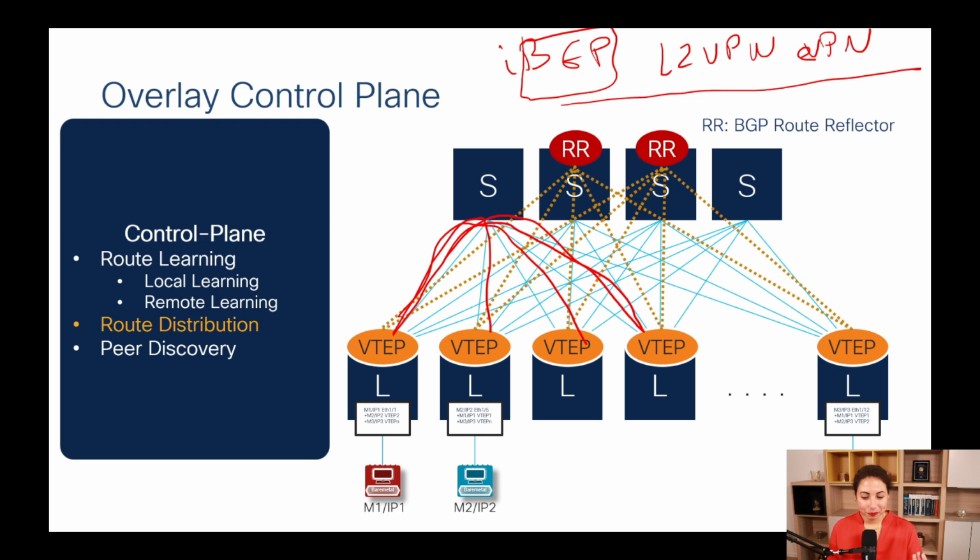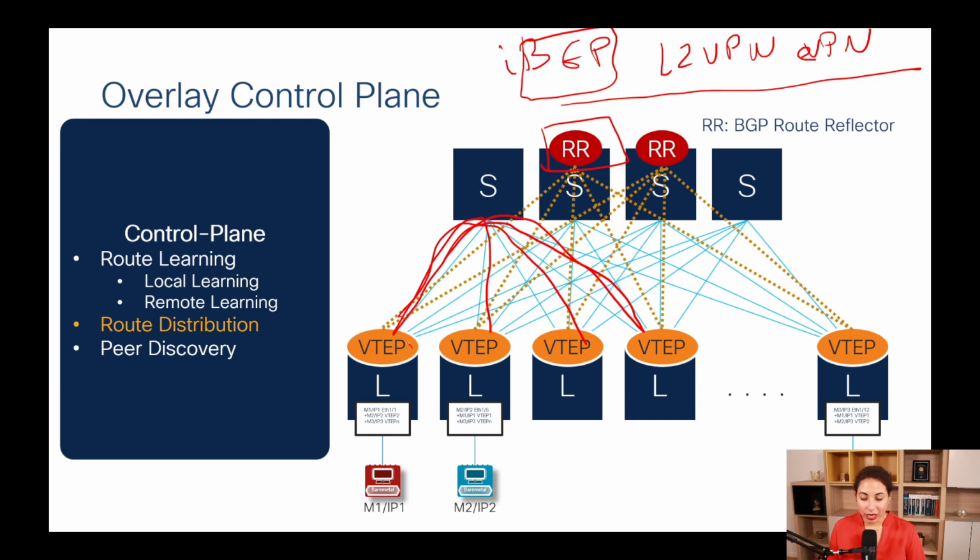So this is why in Cisco implementation, what is recommended is to have a pair of spines acting as route reflectors. The purpose of route reflectors is obviously to peer with all the edge devices, or the VTEPs, receive the reachability information for the hosts or the networks that are attached to the VTEPs, and mirror it to all the other VTEPs in the fabric. With this, we do not need that many BGP peerings.